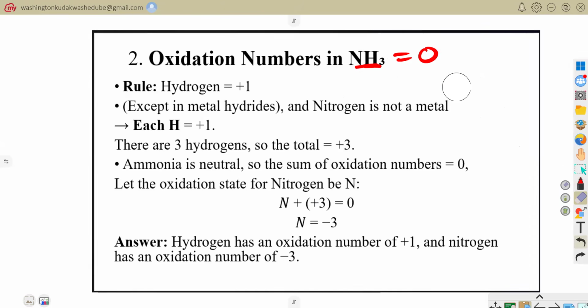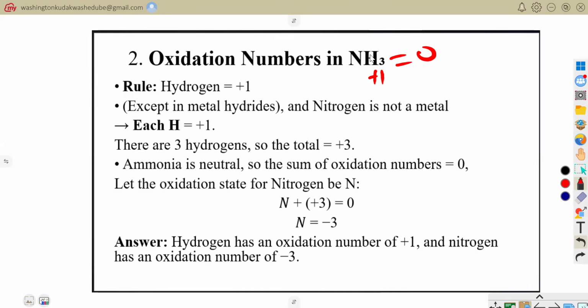Whenever it's bonded to any other element, it carries a positive charge, so it has an oxidation number of +1. And we have three hydrogen atoms there.